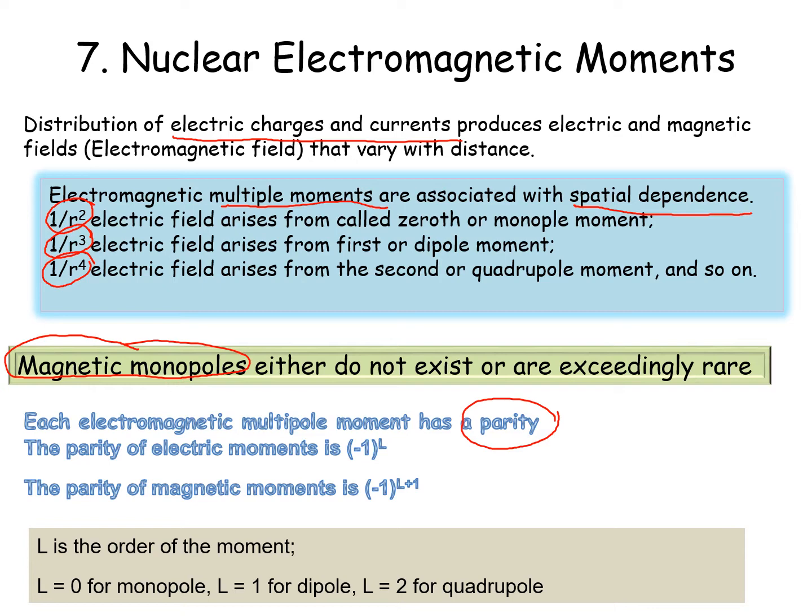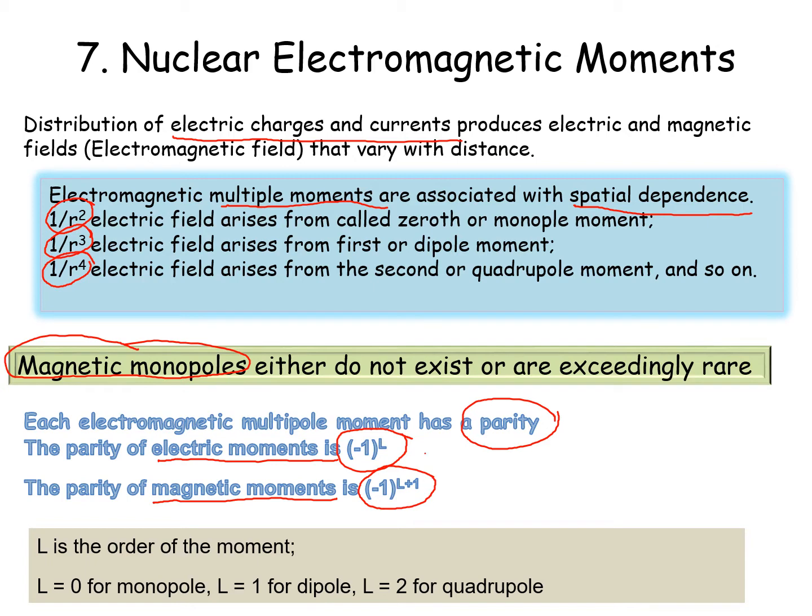Each electromagnetic multipole moment has a parity determined by the behavior of the multipole operator. So the parity of the electric moment is given by (-1)^L, and the parity of the magnetic moments is given by (-1)^(L+1).